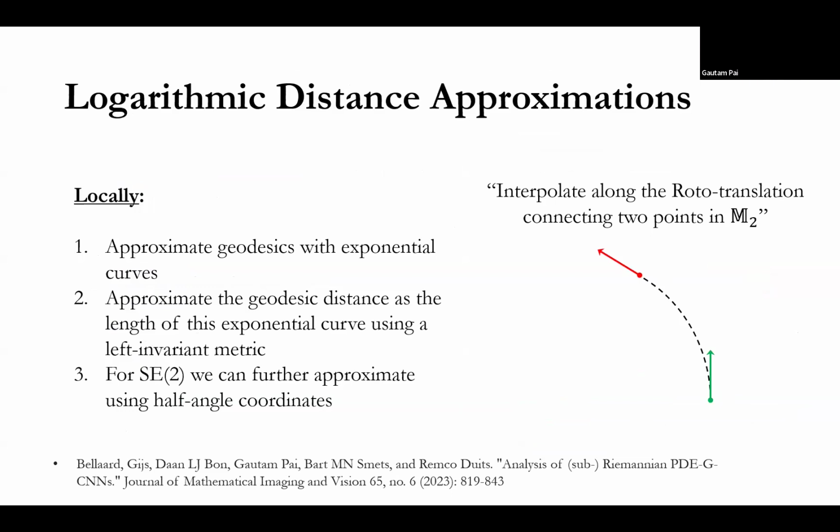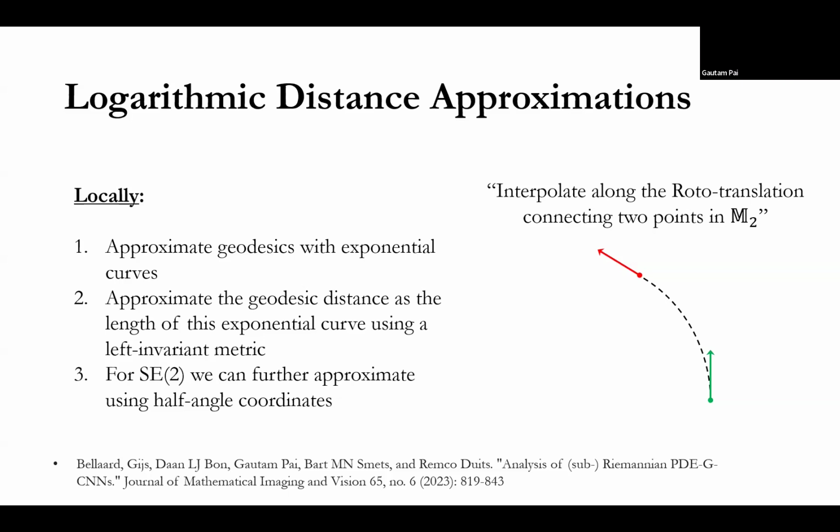The exponential curve is basically the roto-translation that takes you from one position and orientation to the other. You can approximate geodesic distance as the length of this exponential curve using a left invariant metric, right? Ideally, to compute geodesic distance you would have to find the curve which minimizes the length functional, but we choose a specific curve and approximate its length using the left invariant metric.